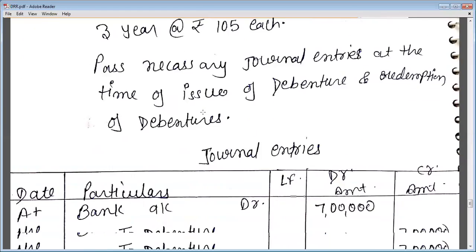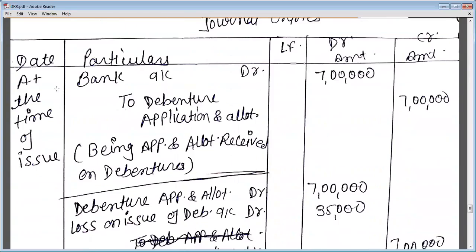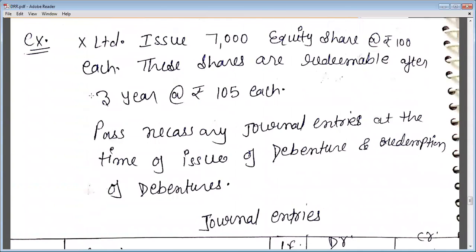So pass necessary journal entries at the time of issue. At the time of issue, what entry will be passed? See, the company is issuing debentures at par and has to repay the amount of these debentures at premium. So the company is issuing these debentures at 100, and has to repay 105 on each debenture.